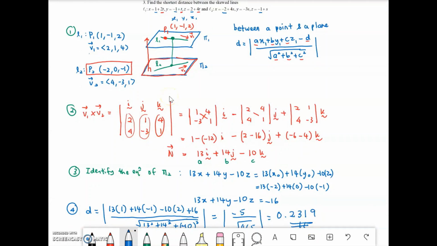Remember that you can also use the point from plane 2 and the plane from line 1, but at the end, the final answer will be the same.